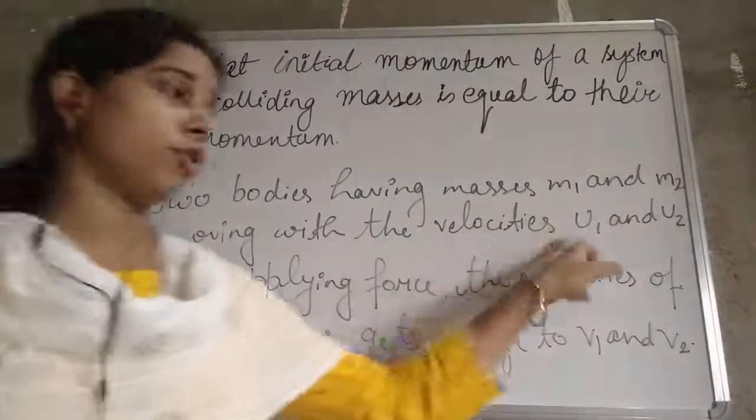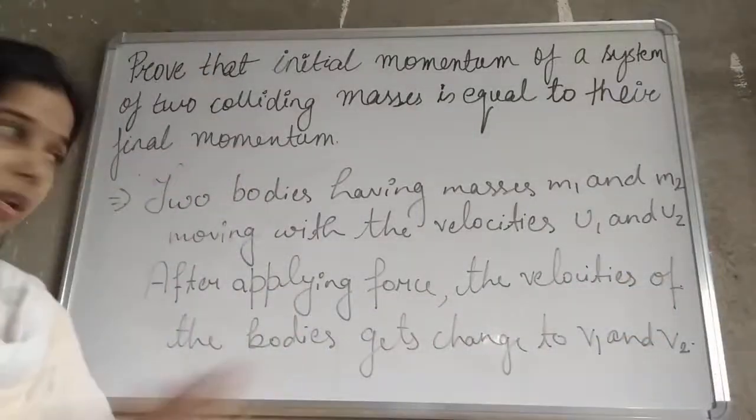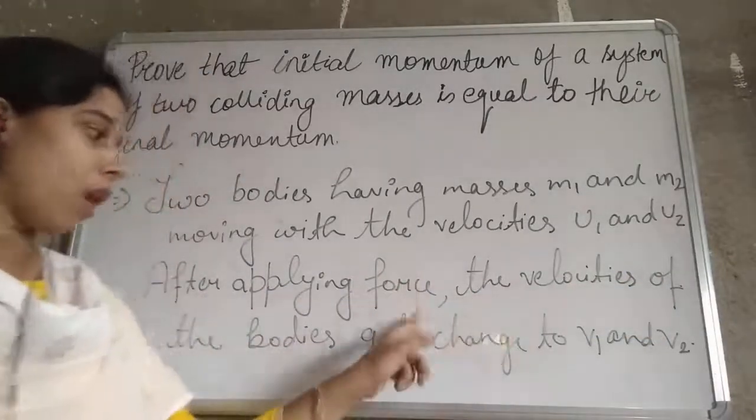So the initial velocities were u1 and u2, and after collision, after applying force on it, the velocities change to v1 and v2.